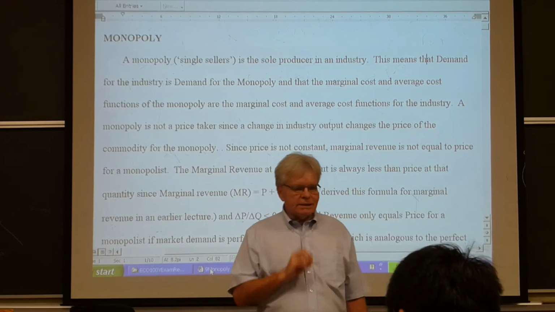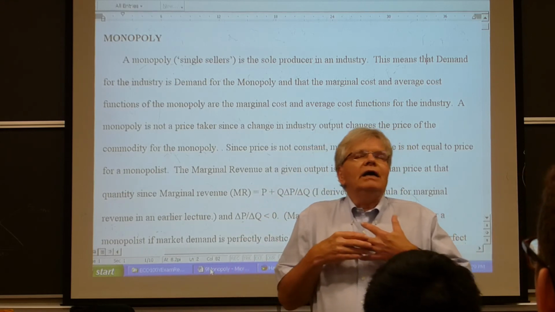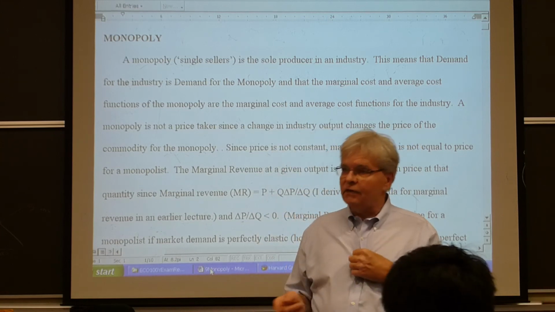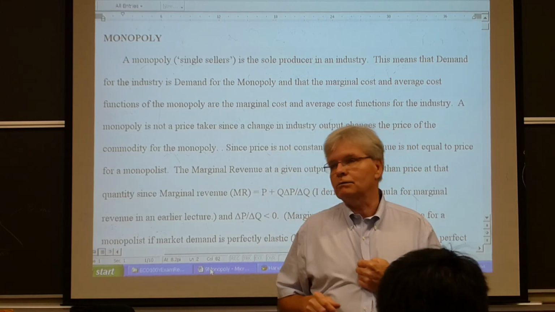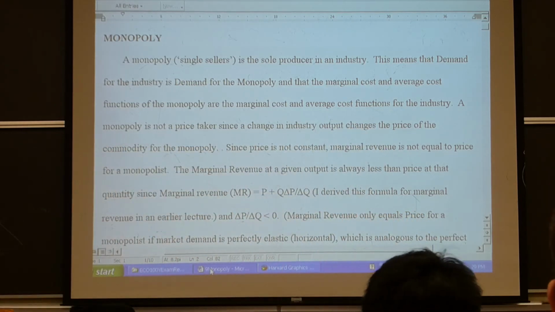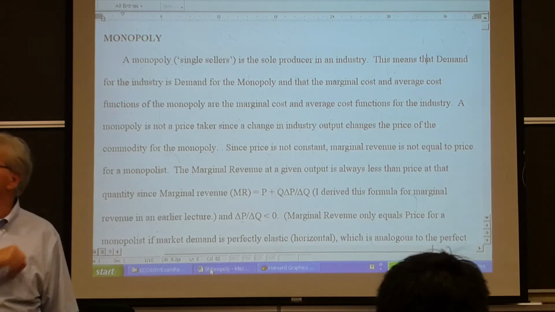But the monopolist is the only firm in the industry. So if it produces more, price goes down. But by the same token, if it produces less, price goes up. All right? So what we need to do to make our step is understand what marginal revenue is. When we understand that, we just go through.